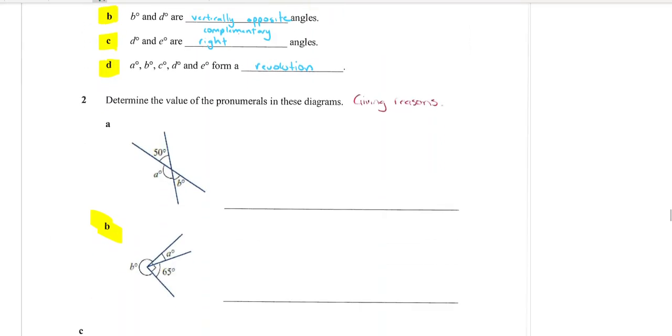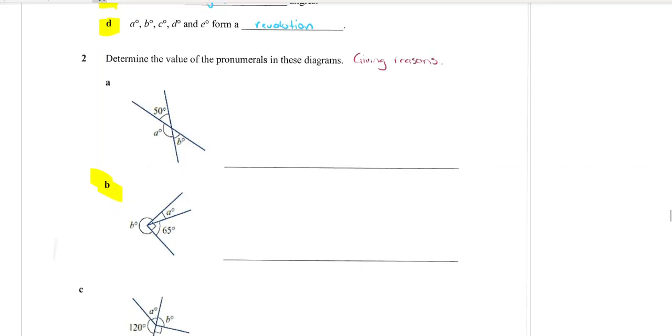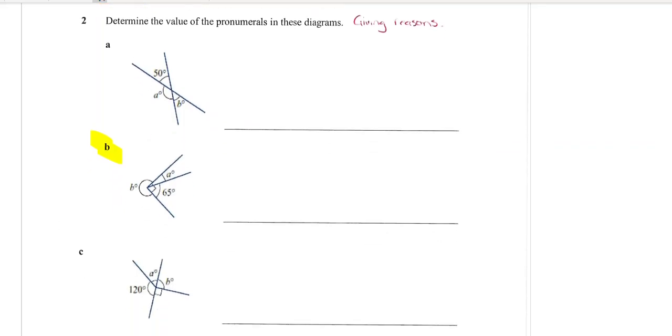Okay, in question 2, these are the ones where you have to find a missing angle, and the key thing is there, written in red: you must give reasons. So I'm just going to do a couple. Question B is one of them. There are 2 letters in there, A and B, that I need to find.